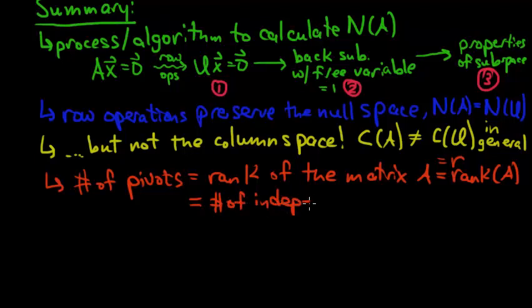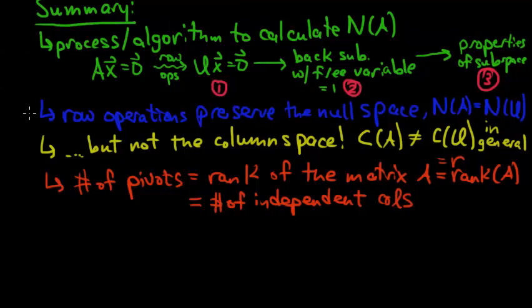This is more foreshadowing of important ideas to come, but it's very related to what we did, so I'll include it in the summary. This is more of a looking forward remark. So the number of independent columns. Okay, so we came up with a process or algorithm to calculate the null space.